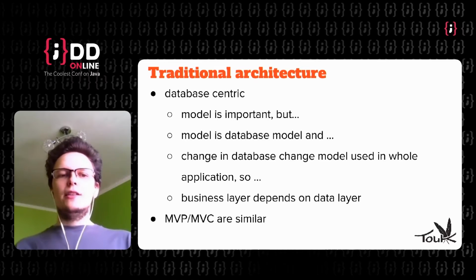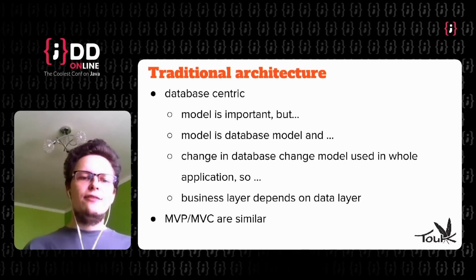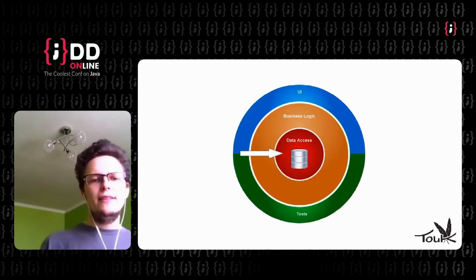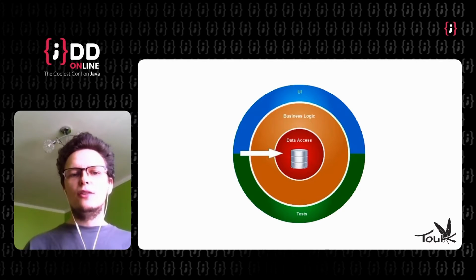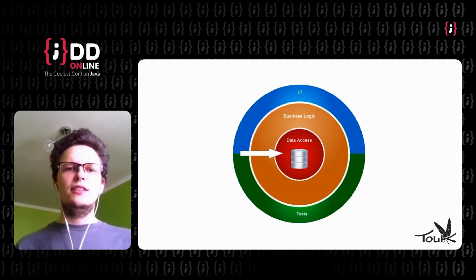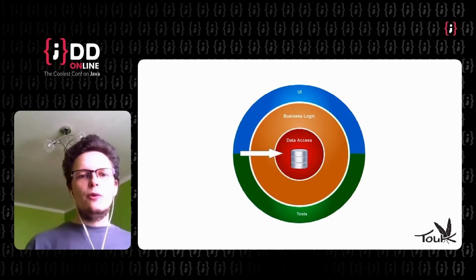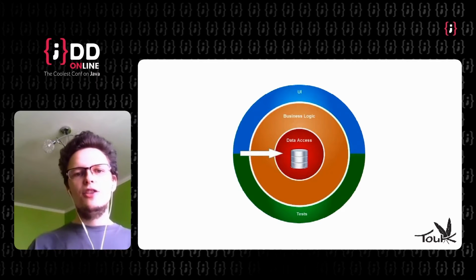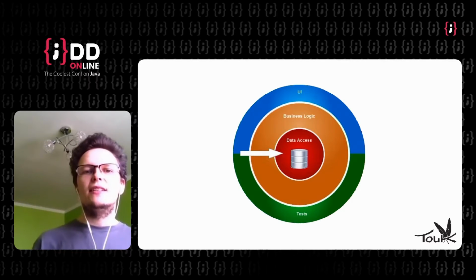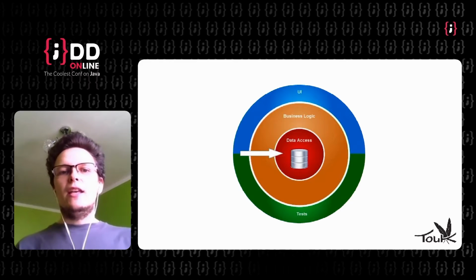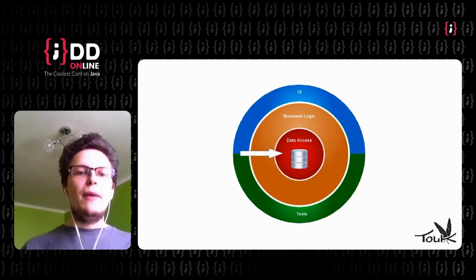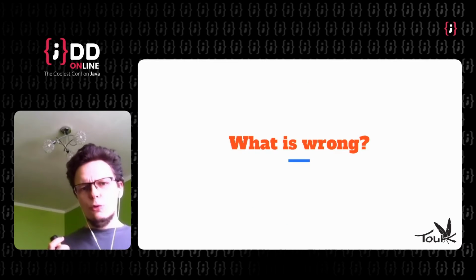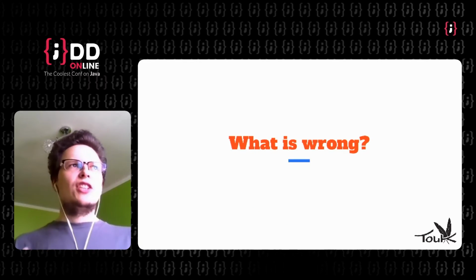If you know architectures like MVP or MVC, they are very similar to this. If we paint it as circles, we have our data access layer in the middle, and on top of that other components, especially the business logic, which depends on the data access layer. And what's wrong with such an architecture?